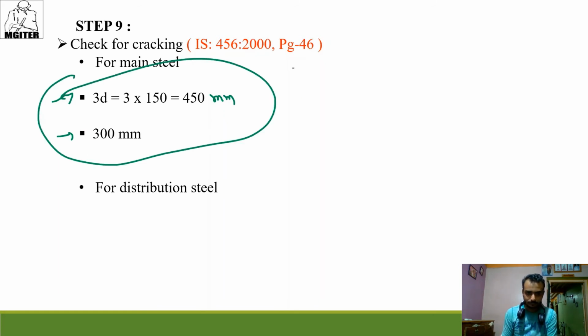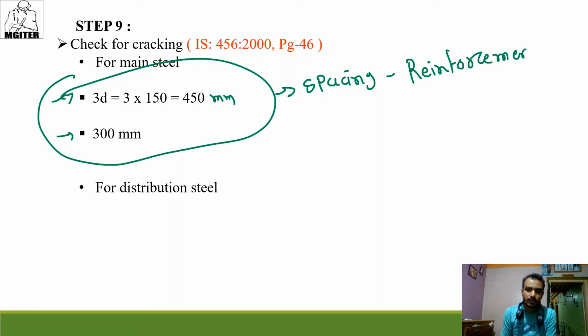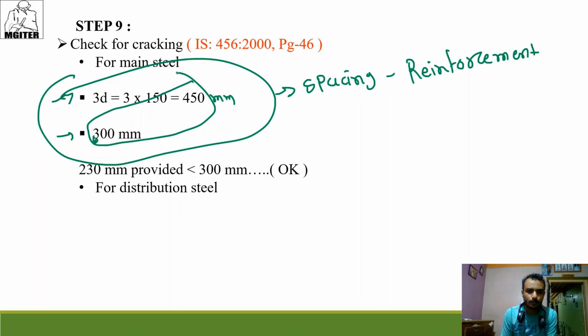These are the spacing between reinforcement. So both values are found, and let's check what we provided. We provided 230 mm, which is lesser than both values, so our main steel is okay for cracking.